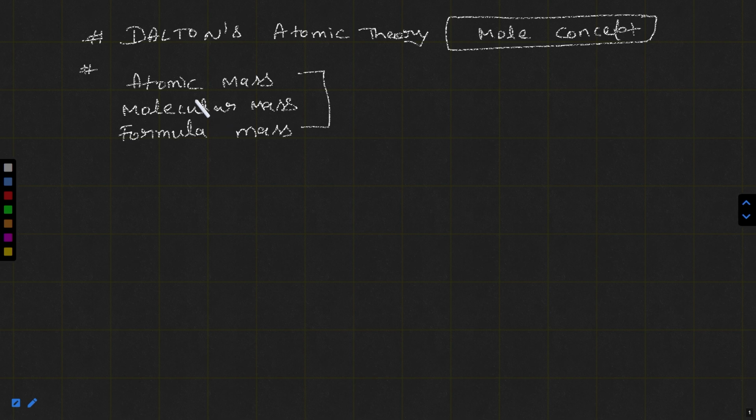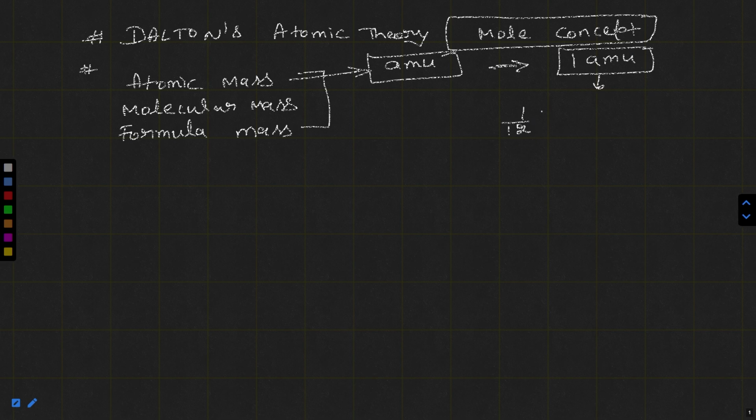With the introduction of these, we also introduced the term AMU, named atomic mass unit. One AMU is equal to 1/12 of the mass of one atom of carbon-12.